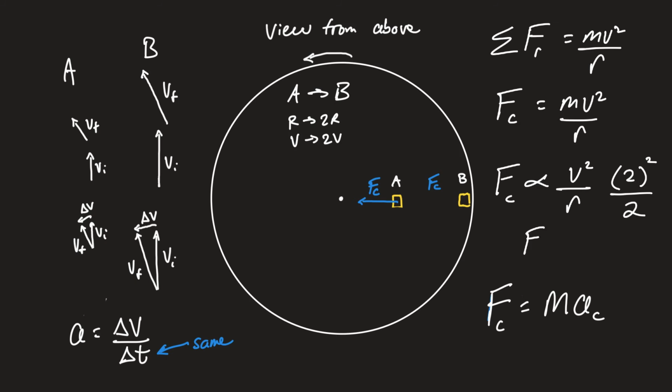And so the centripetal force doubles. It becomes twice as large. So therefore, this means that we would expect to find a centripetal force vector that's double. So B requires exactly twice as much centripetal force.